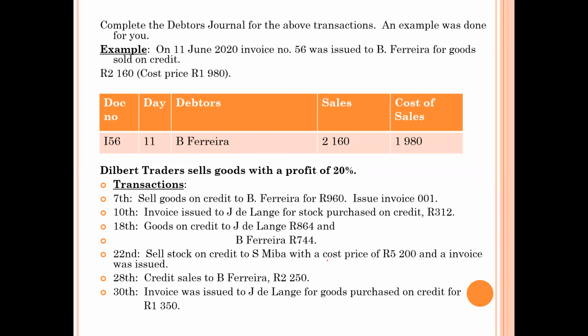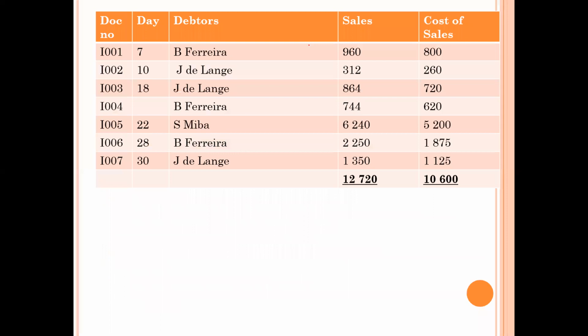So they give us this time the cost price, and you need to go and calculate the selling price. So remember this time, the 5,200 will go to cost of sales, and you need to go and calculate sales. So I'm going to show you the entry on the 22nd.